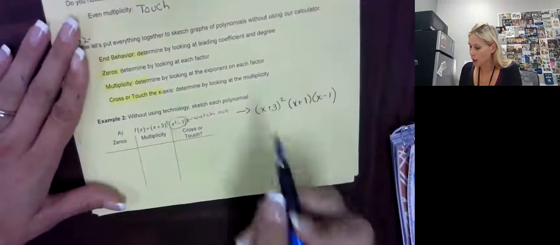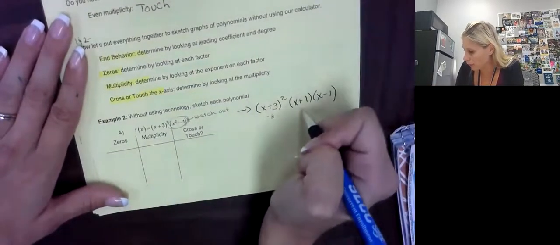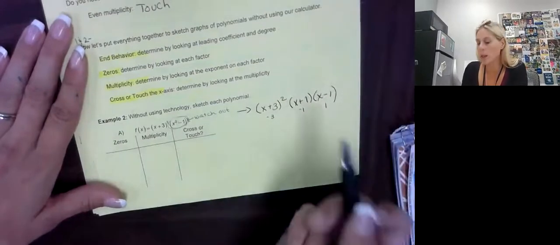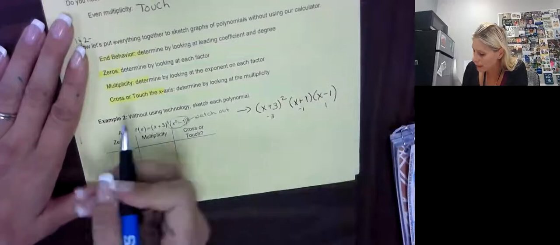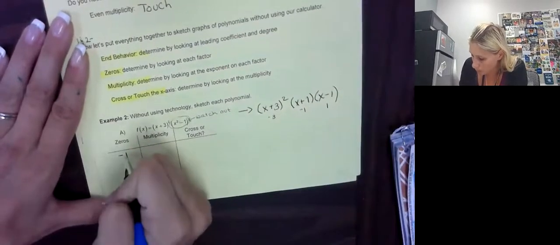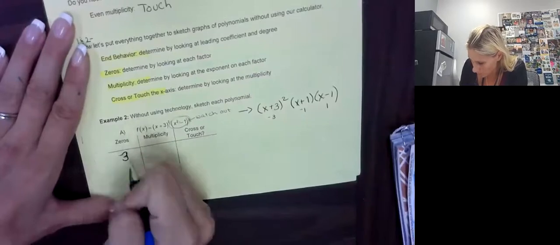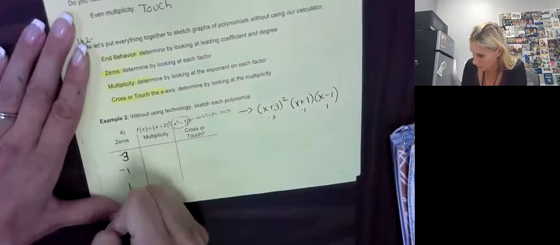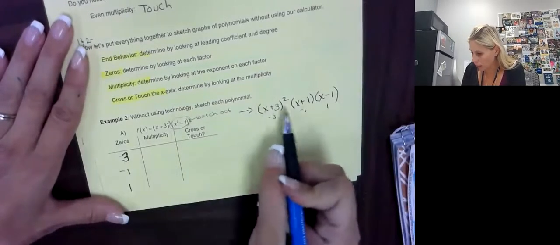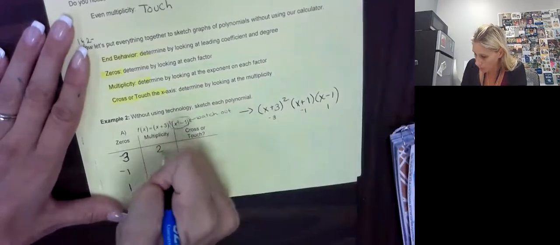So our zeros, I like writing them down below, are -3, -1, and 1. The reason why I write them down below is because now I can put them in order here. -1. Nope, -3 is smaller. -3, -1, 1. Now let's go back to our multiplicities. The -3, the exponent is 2.